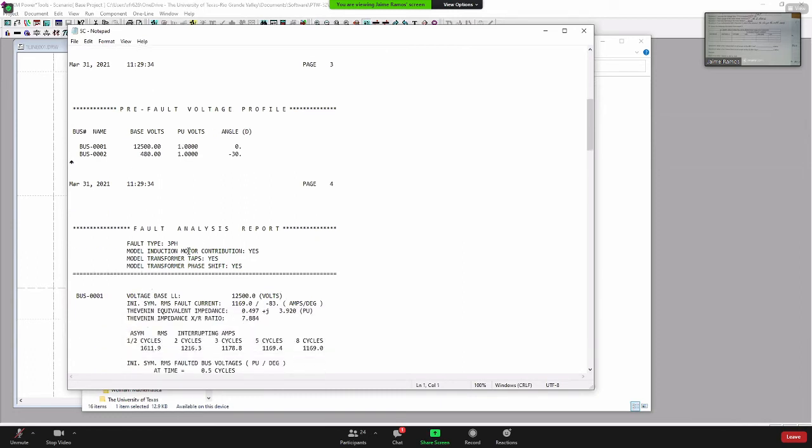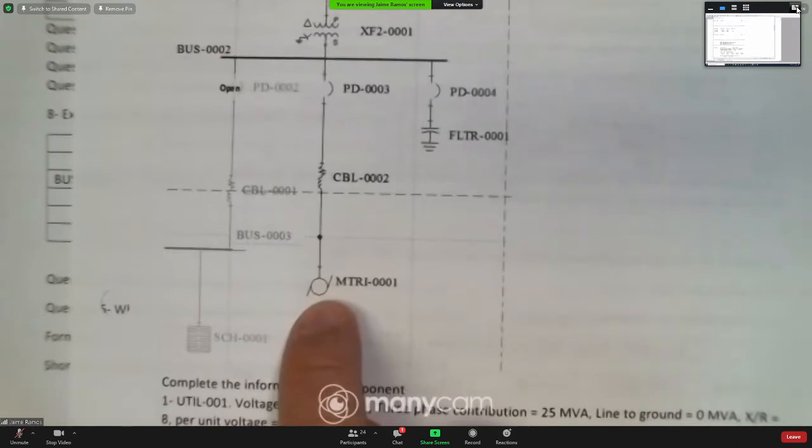And then we have the fault analysis report. Fault type, three-phase. Motor induction, model induction motor contribution. So what's that point? The point is that when there is a fault, the motor is also going to contribute to the fault.